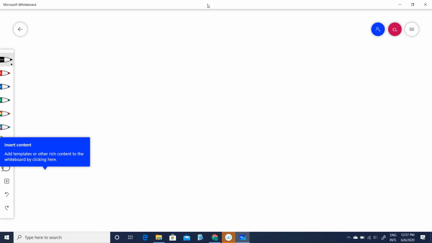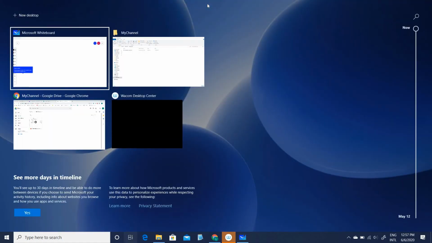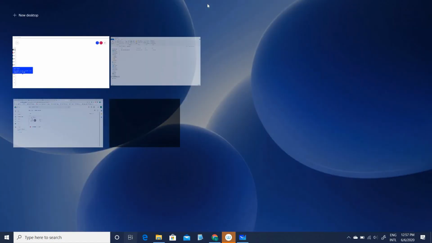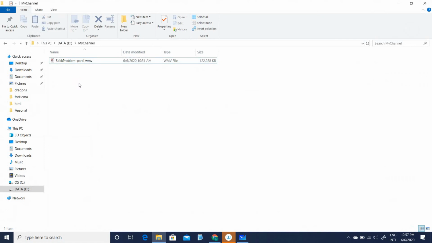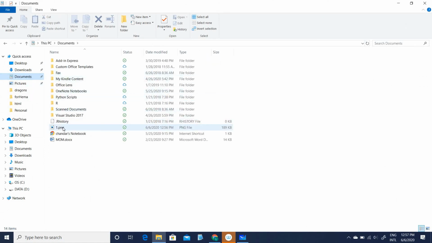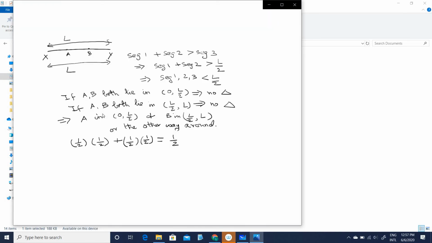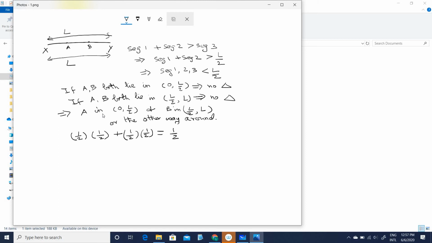If I want to go back to the old whiteboard, if I want to refer to it, I guess I can go back. Where is it? Let me keep that other one open. I think I put it under documents. Okay, let me keep this open, so that I can refer to it as required. But I have finished with it, so let me come to this new whiteboard.